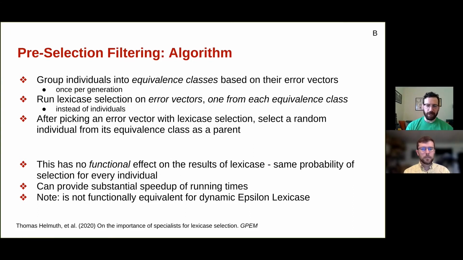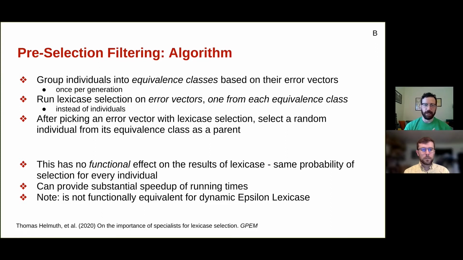This can provide a substantial speed up of running times because, as we'll see later on, the worst case complexity of Lexicase happens when the entire population is tied. When the semantics are equivalent, we basically never eliminate individuals from the selection pool by going through the cases. So if we first identify those individuals that are clones, we do see substantial speed ups of running times.